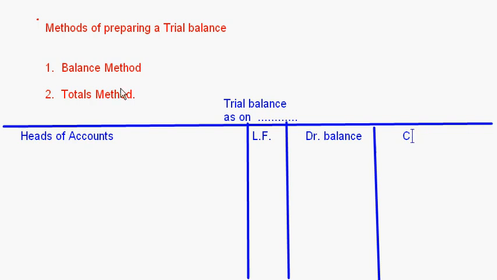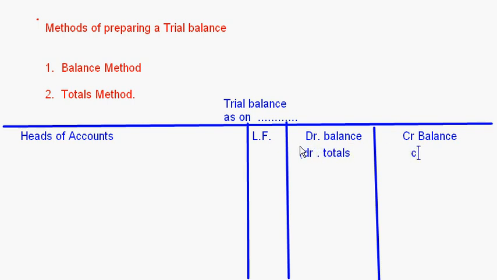Here it will be debit balance and credit balance for the balances method, and if you are following the totals method it will be debit totals and credit totals, right?